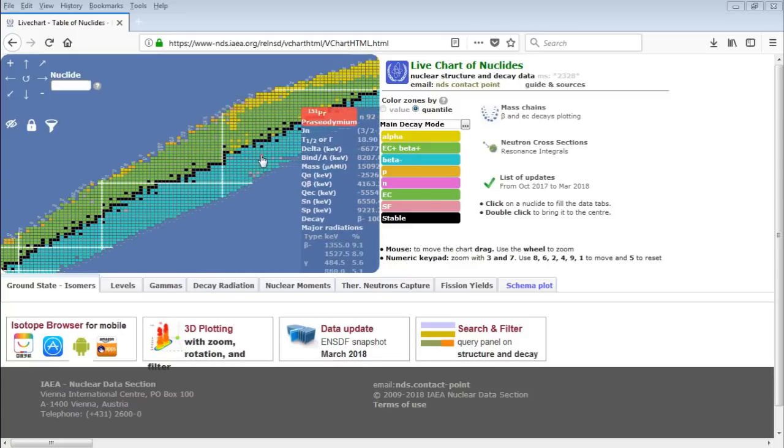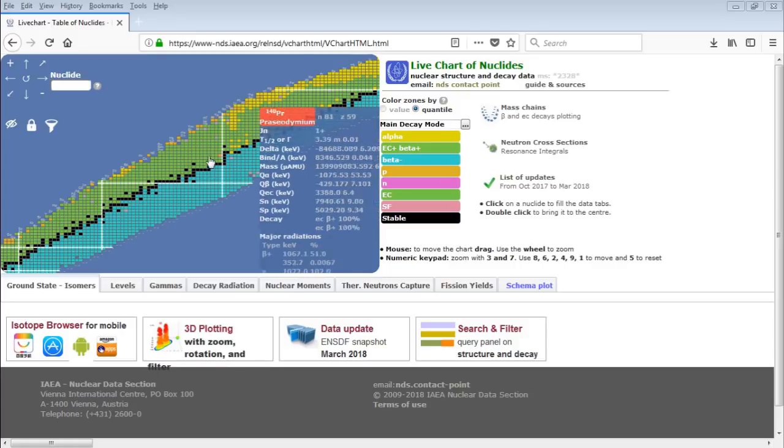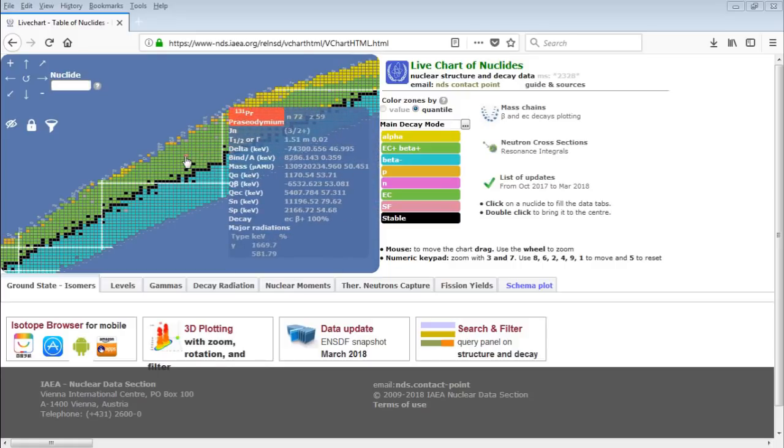So on the right, the nuclides undergo beta minus decay. On the left, the nuclides will undergo electron capture or beta plus decay.